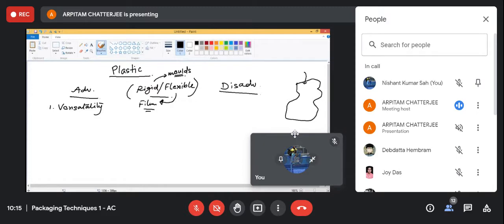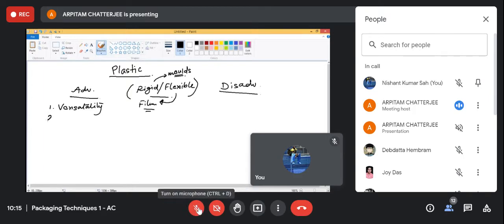But for paper, first of all, you cannot generally have rigid packaging that much because of its strength and all these things. And also, it does not have that kind of flexibility. You cannot put it inside a mold to create any package form. So in terms of versatility, plastic has a very high degree of versatility.